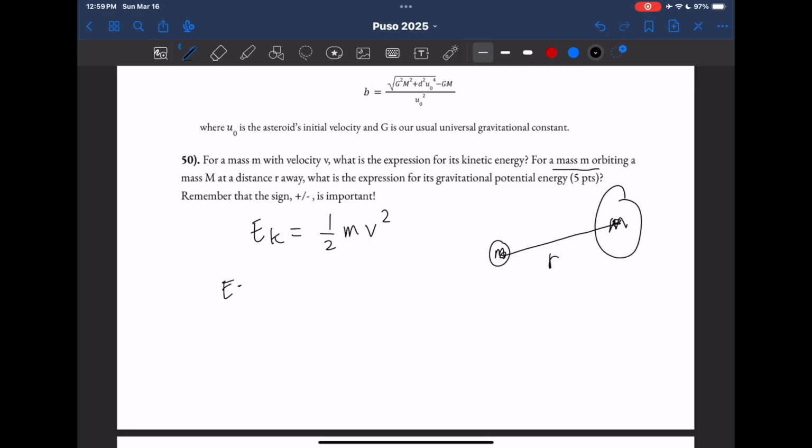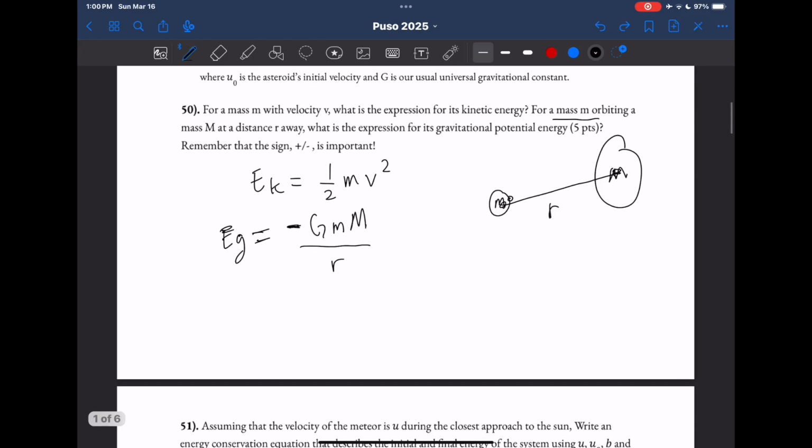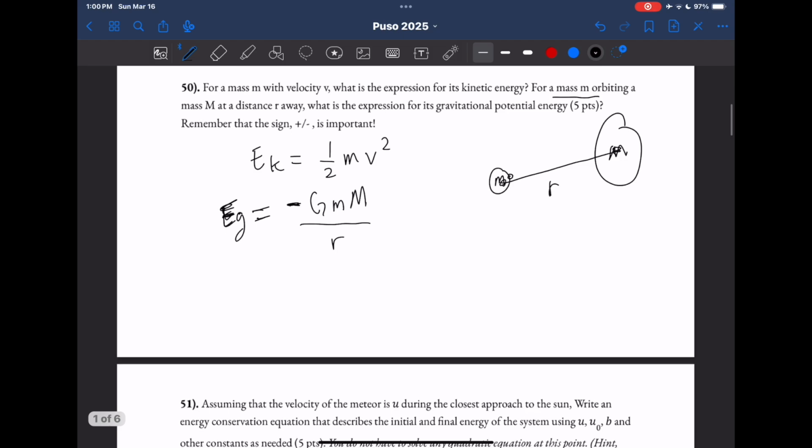And we can write that as this expression, negative GMm over r. And we always make it negative because we treat gravity as a restoring force, and so this object is going to get closer. And so we make the potential negative to indicate that it's going to be coming closer to the other object, restoring in a sense. Okay, so those are our two little expressions right there.